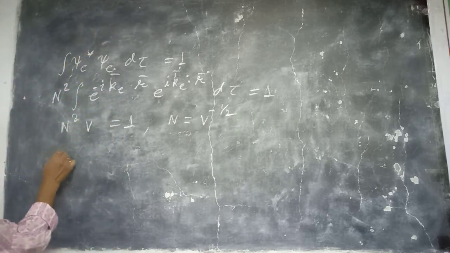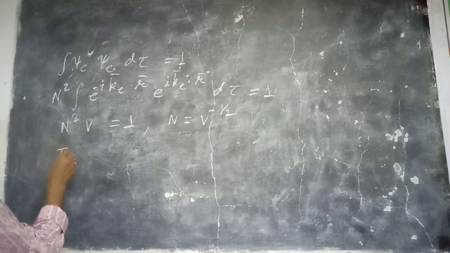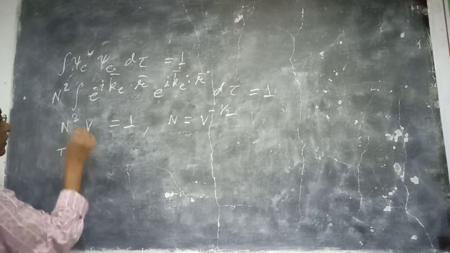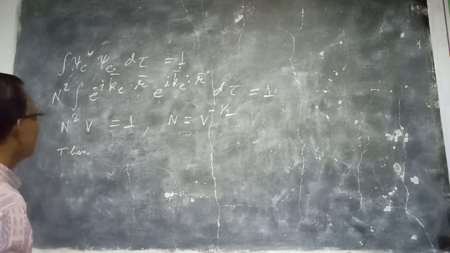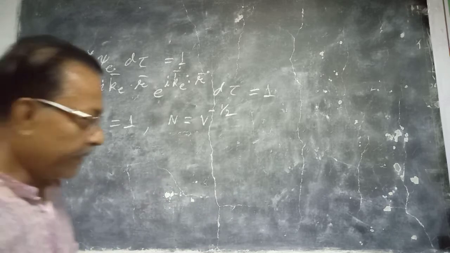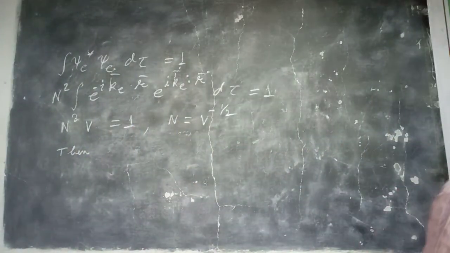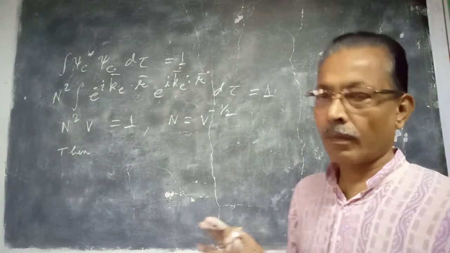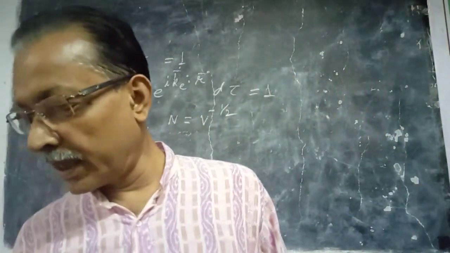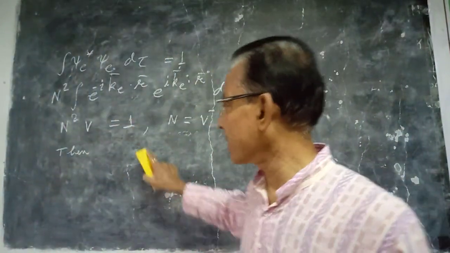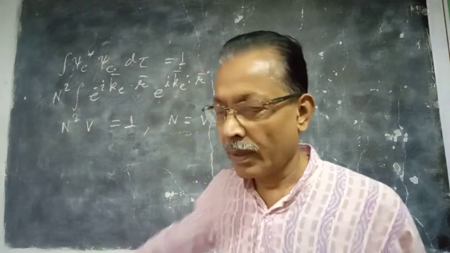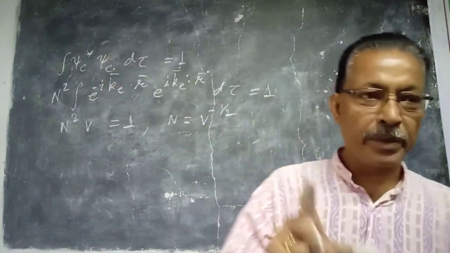But before going to this, we know that the antineutrino is a neutral particle, so the charge of the nucleus or of the atomic electrons will not affect its wave function.